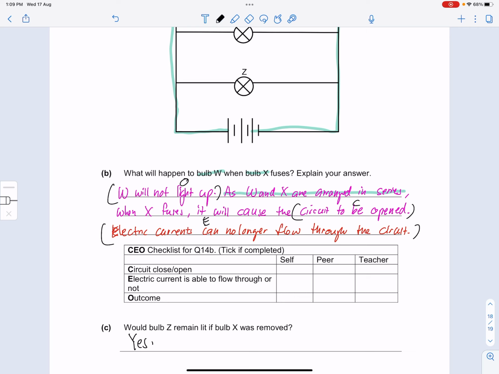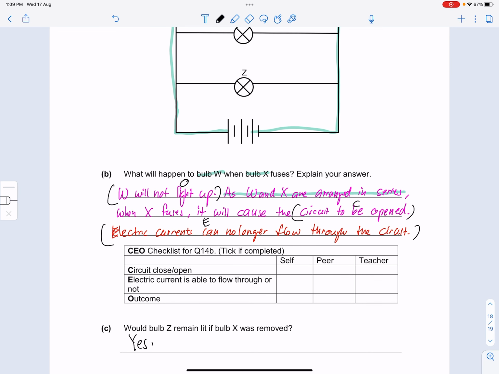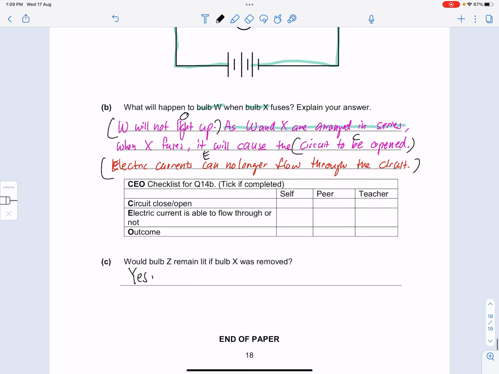But if you were asked to explain why, then you would need to say that because X and Y are arranged in a parallel arrangement, hence if X is removed, Y still has an alternative pathway, or the circuit for Z is still complete, and electric currents can still flow through. Right? You need to be able to tell me that.